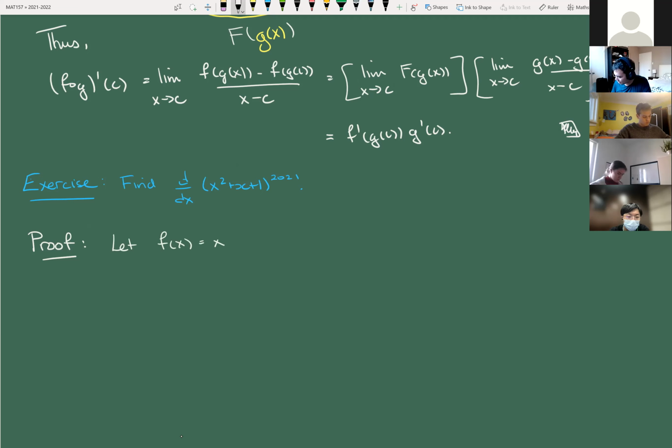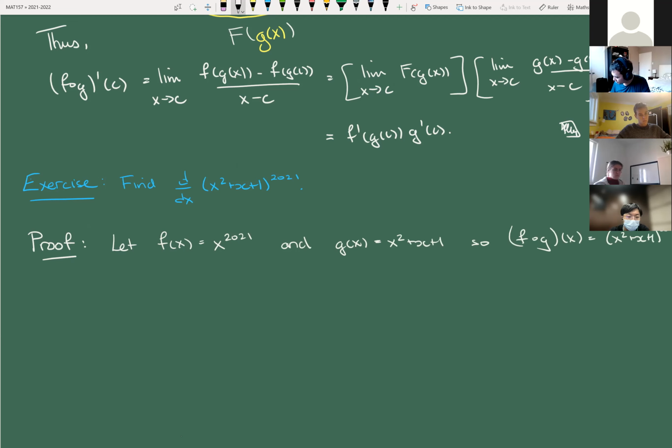But it's not a terribly difficult example. So I'm going to let f be, actually, I'm going to let f be x to the 2021, and g of x be the thing inside, x squared plus x plus 1. So that f composed g is the function that we're trying to differentiate, right? (x squared plus x plus 1) to the 2021.